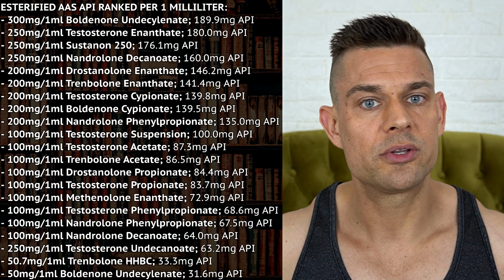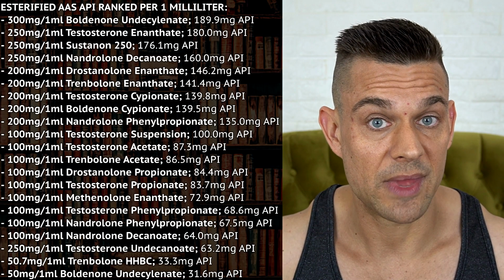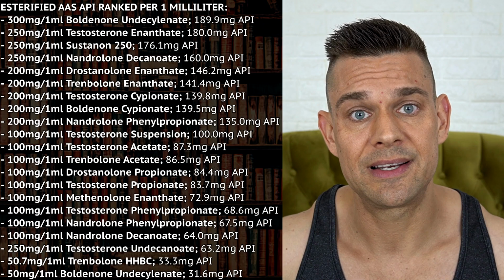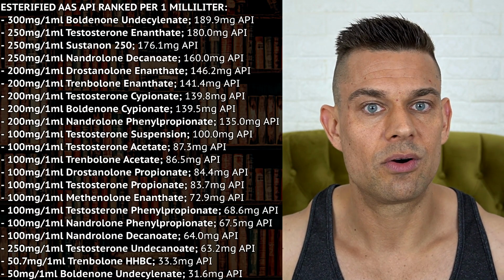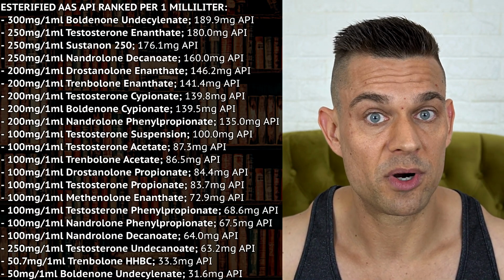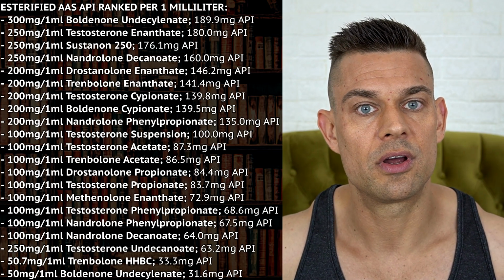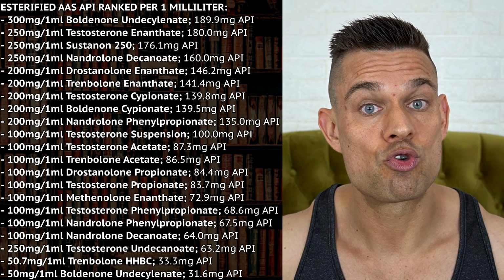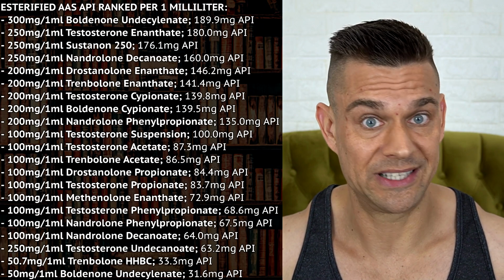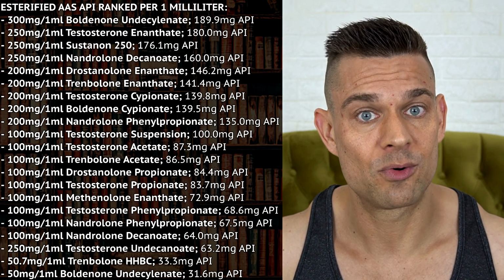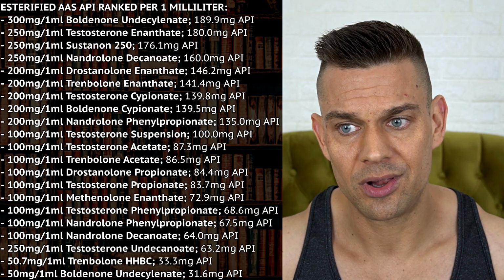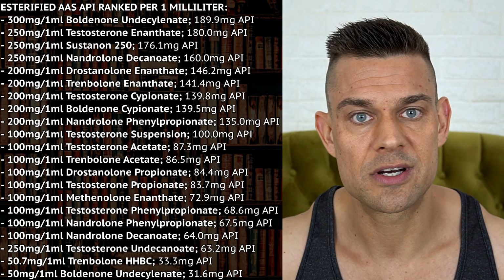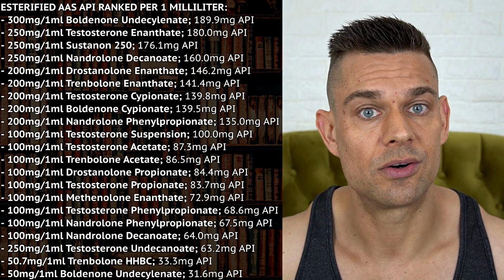So if you put boldenone undecanoate, equipoise, in MCT oil at 300 milligrams per 1 milliliter, considering that MCT oil is rapidly absorbed and disperses rapidly, increasing the overall surface of the injection depot, serum concentrations rise rapidly. 300 milligrams per 1 milliliter in MCT oil will yield tremendously different serum concentrations compared to 300 milligrams per 1 milliliter in castor oil.